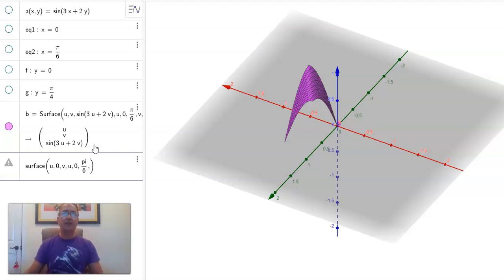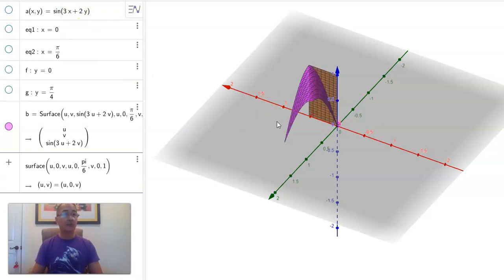And what about z? Well, the maximum value of sine is 1, so v will go from 0 to 1.